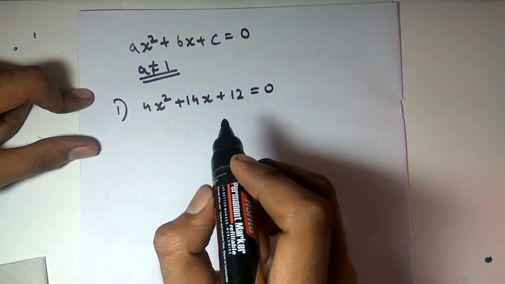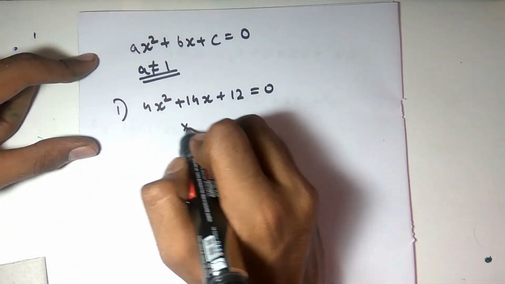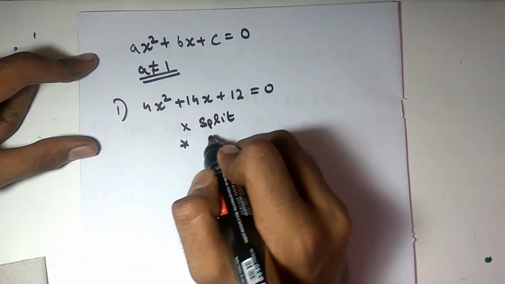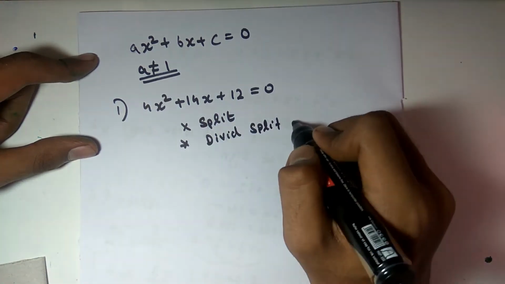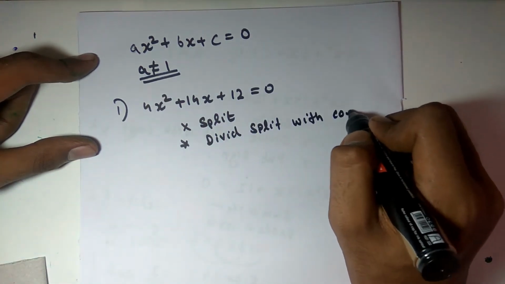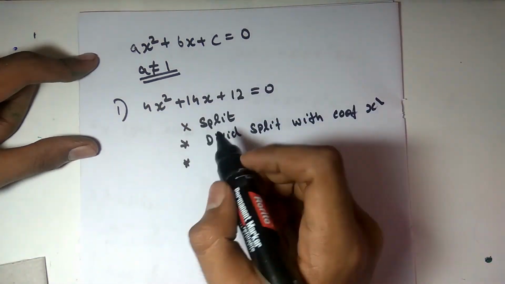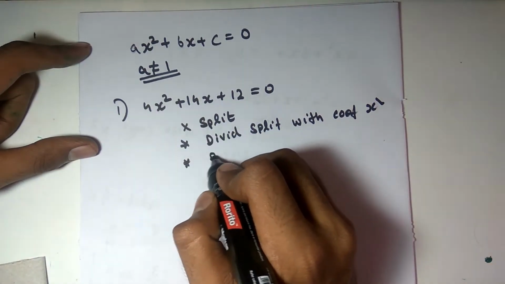The steps involved in doing this problem are: first find a split, then divide the split with the coefficient of x square, and last put a sign according to the properties we have already learned.